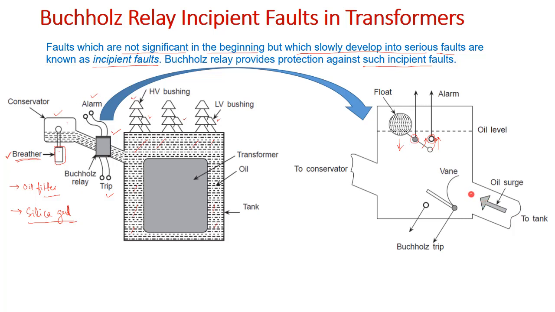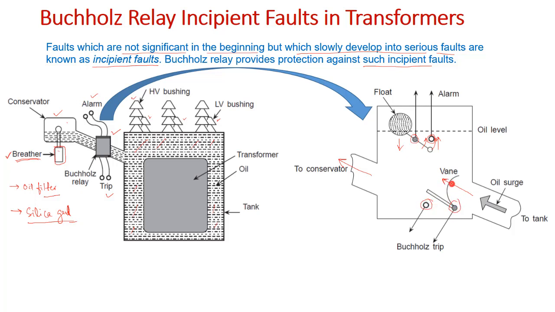As the oil expands, there will be a flow of oil towards the conservator, and when the oil is flowing towards the conservator, this vane will be forced. These two are fixed contacts.